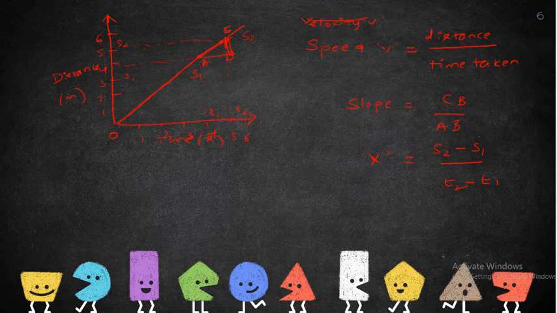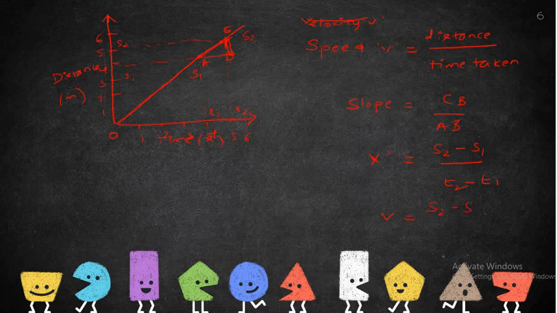Then for the total distance I need to subtract, S2 minus S1, divided by the time: in the same way it has taken time T1 to cover the distance up to A, and again further it has moved to C by time T2. Then the total time taken will be T2 minus T1, and here I need to consider S2 minus S1. So the slope is nothing but the velocity or speed.